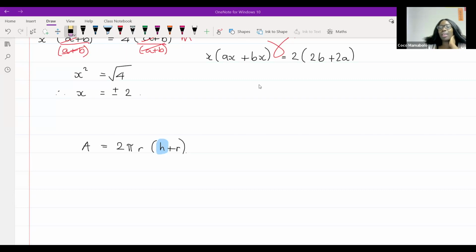But Sia, if something is in a bracket, is it not multiplied to the thing on the outside? Wouldn't we want to get rid of the thing on the outside of the bracket first? Ah, Mandisa got it. There it is.